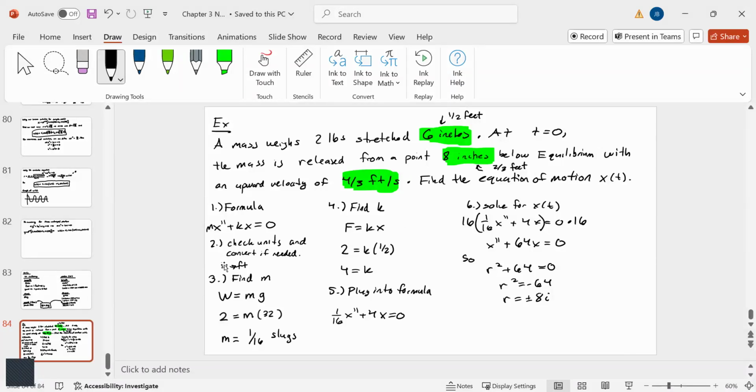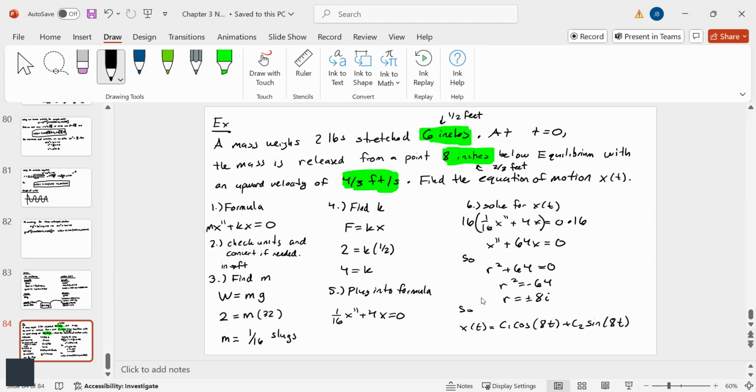That's what it is. And we go from there. So our equation of motion is going to be equal to C1 cosine 8t plus C2 sine 8t. And so now we have the general solution to the equation.